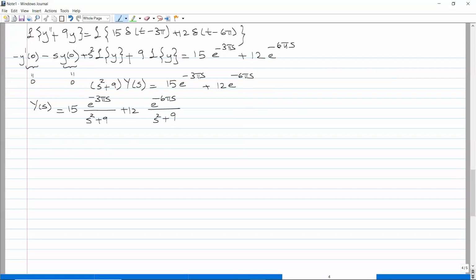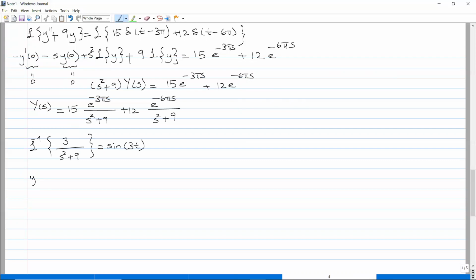Now to find the inverse Laplace, we need to first find the inverse Laplace of 1 over s squared plus 9. Since 9 is the square of 3, we need 3 in the numerator. If we have 3 in the numerator, then this is sine of 3t, right?